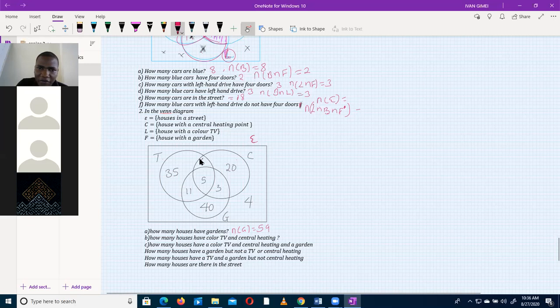This is the region for the 2. So there are 11 houses, the number of color TV intersection central heating point.